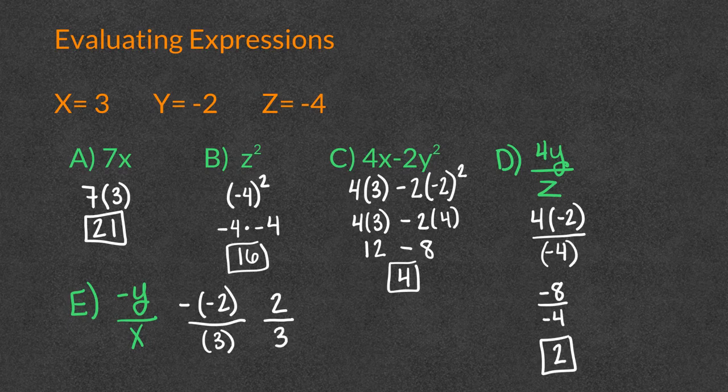So I want you to think of this as a negative 1 times a negative 2. That 1, that's that number that mathematicians sometimes write and sometimes don't. So really it's a negative 1 times a negative 2, and a negative times a negative is a positive. So that's what happens. Those negatives cancel each other out. And so finally, my answer is 2/3.